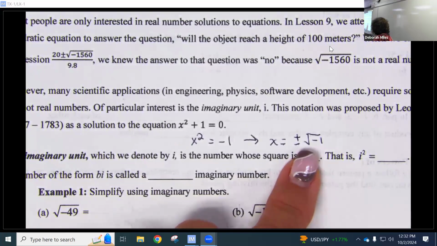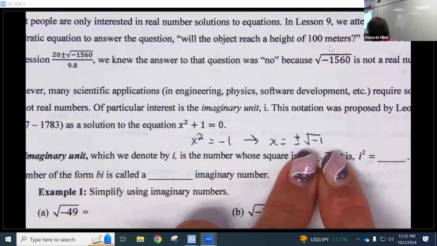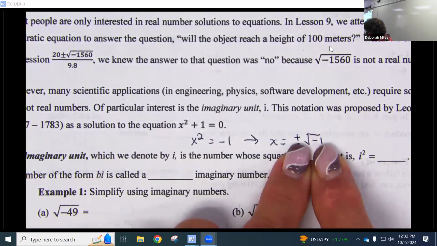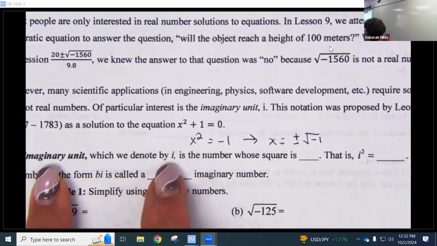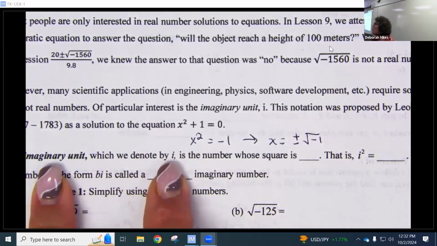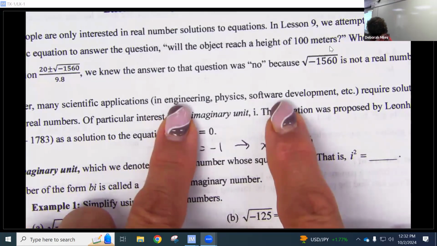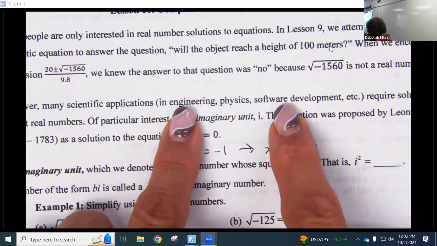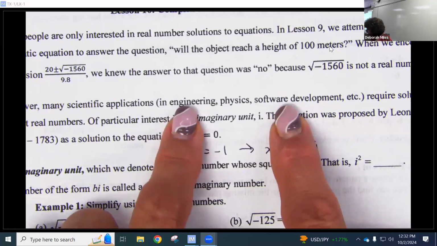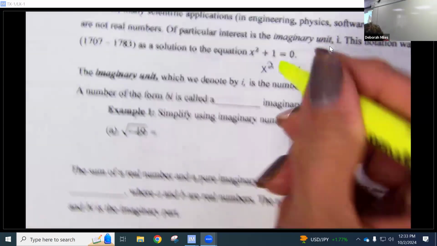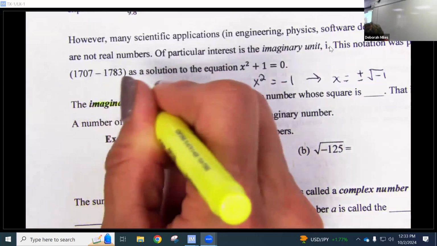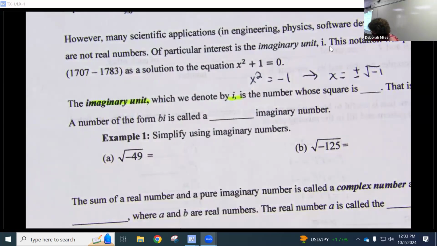Leonhard Euler was the guy that said, from now on, whenever I encounter square root of -1, I'm just going to use an i in its place. And that opened up a whole new field of mathematics that allowed people to do things they'd never been able to do before, that allowed engineering, physics, and software developers to start solving problems they had never been able to solve before. So from now on, i is called the imaginary unit.